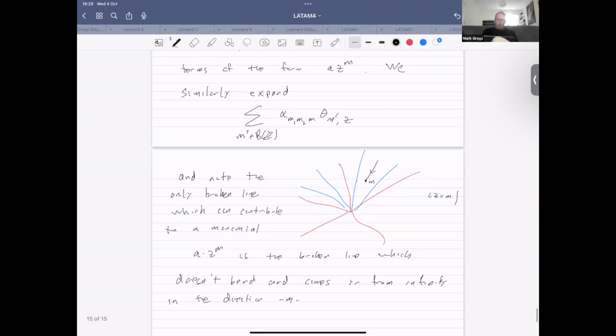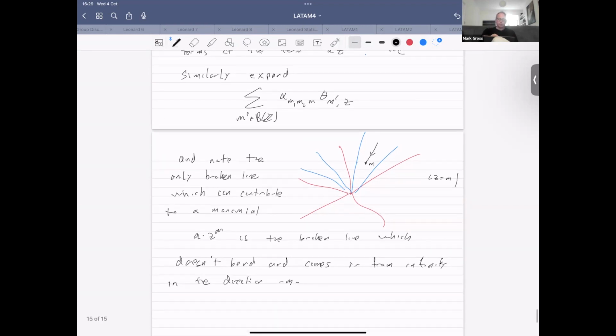That broken line is a broken line for theta m z, not for theta m prime z, but only for theta m z, because it's coming in the direction m or minus m.